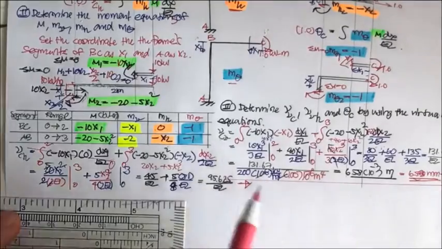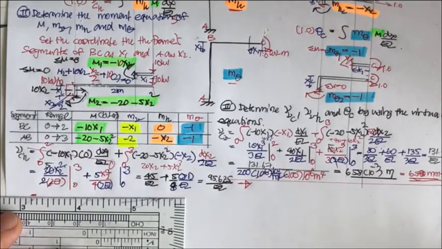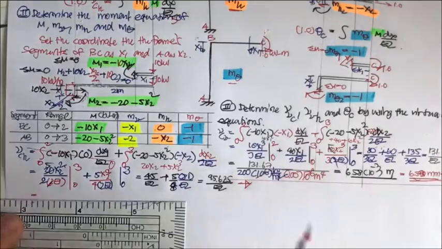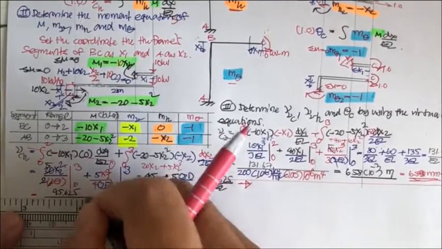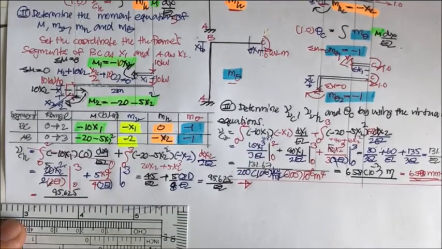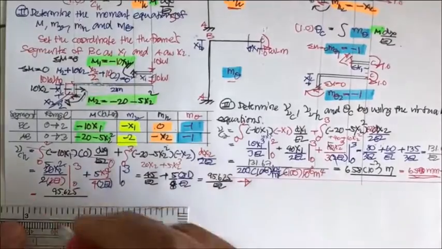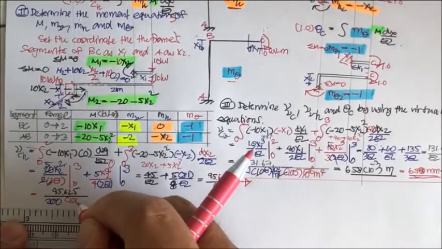Okay, and if you prefer to do the calculation, this is going to be 95.625, and then divided by the same thing, 200 and 200, and this is 100.